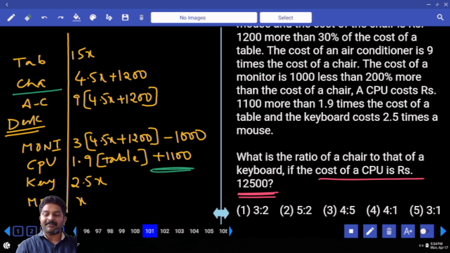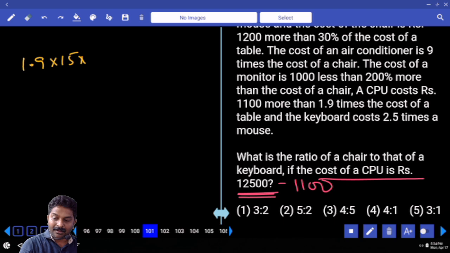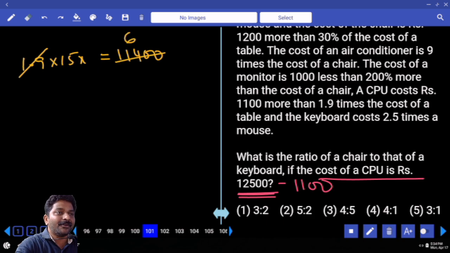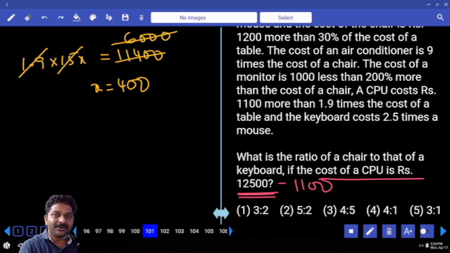Take the 1100 to the right-hand side: minus 1100 gives 11,400. Forget about the decimal for some time. Let it be 19. 19 times 6 is 114, then 2 zeros, and since we forgot one decimal, write one more zero. 15 how many times? 400 times. Now we got the X value as 400.